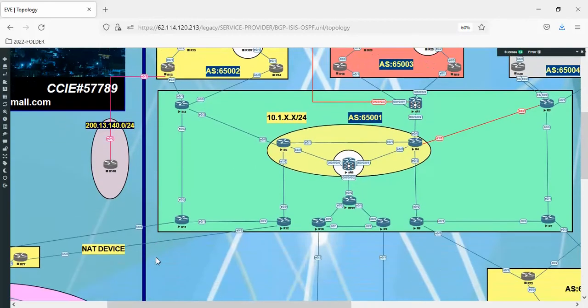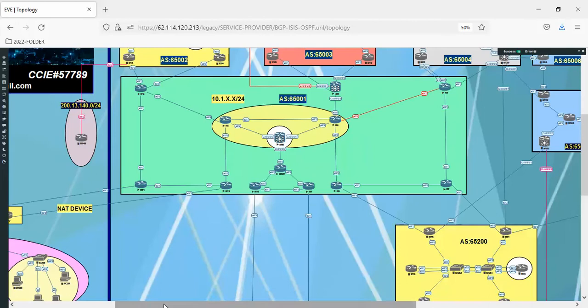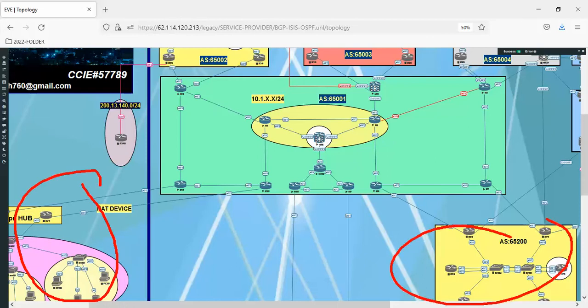As you can see from this topology, if I asked you a question, if we have a customer here, and we have a customer here, and these customers should be connected through the service provider, my service provider.